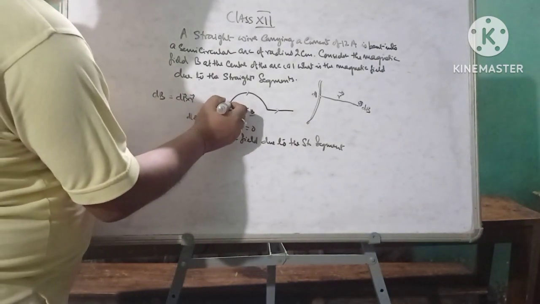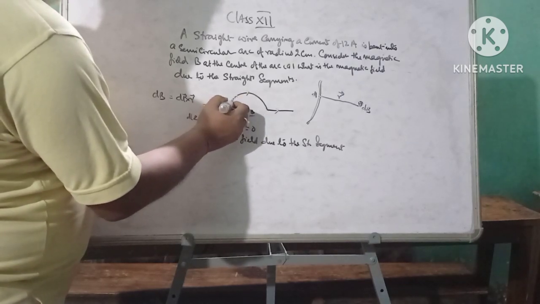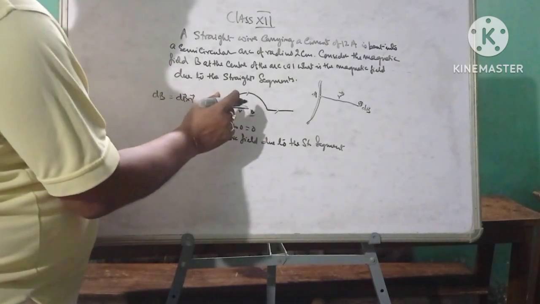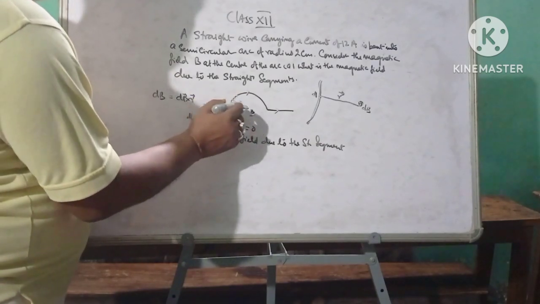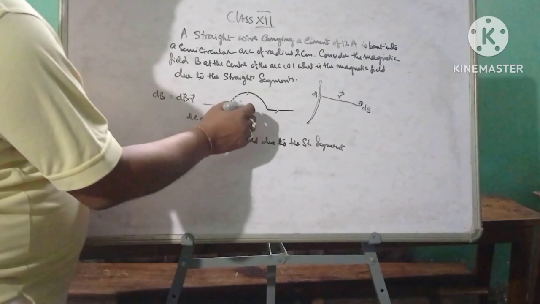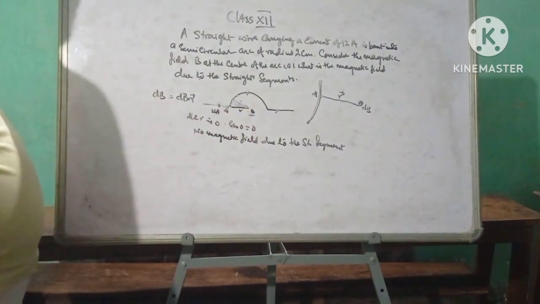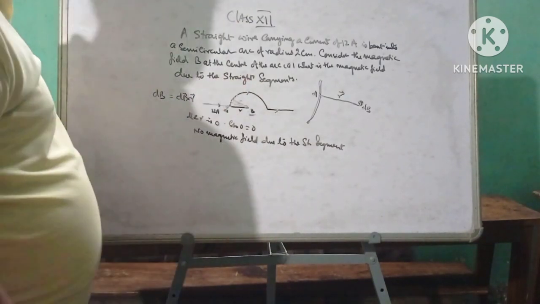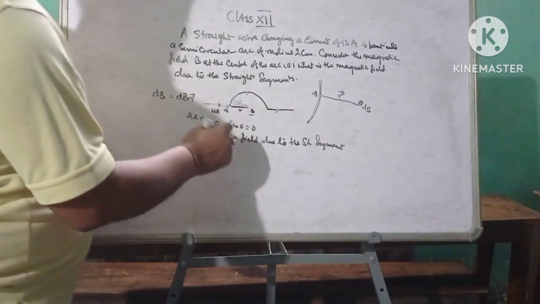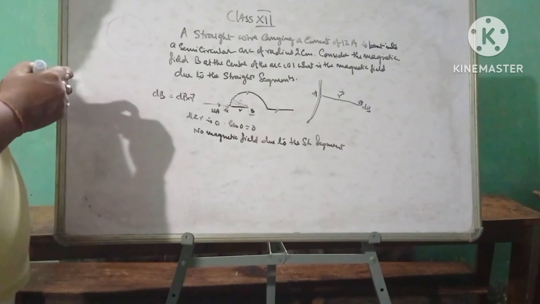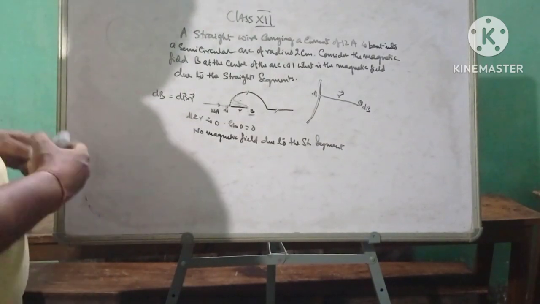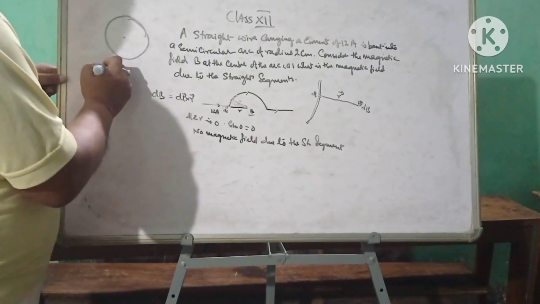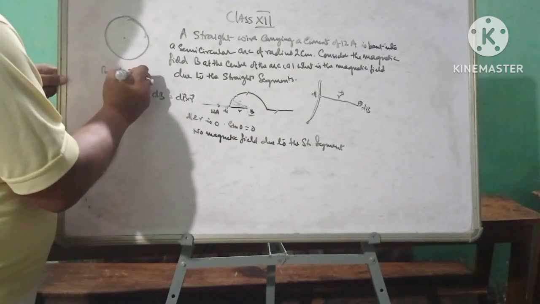Now, if we consider the small segments on the semicircle, all this dl cross r will contribute to the magnetic field B. For this semicircle, we know that for a circle the magnetic field at the center is mu naught I by 2r.